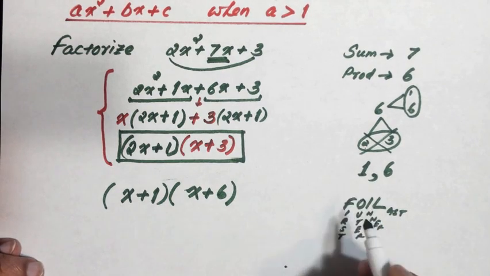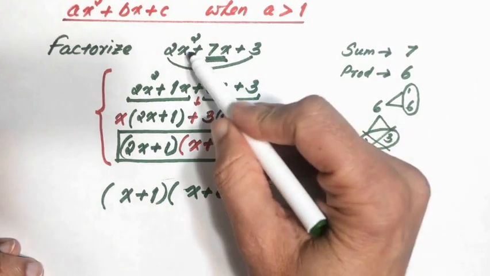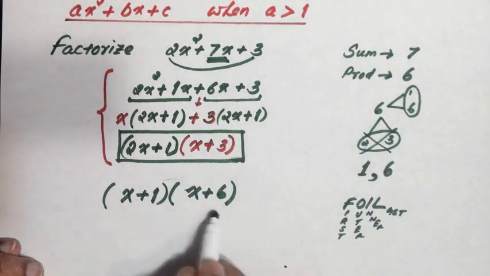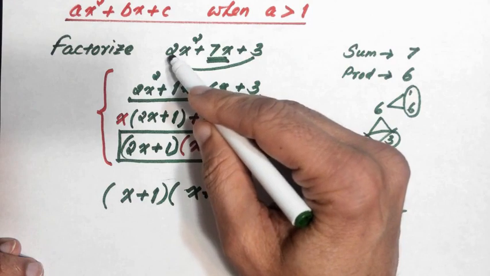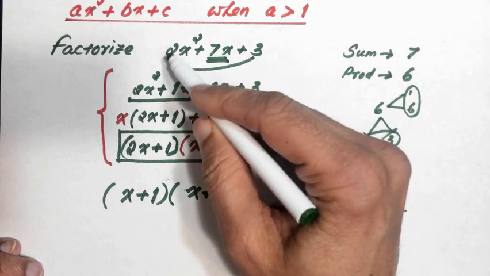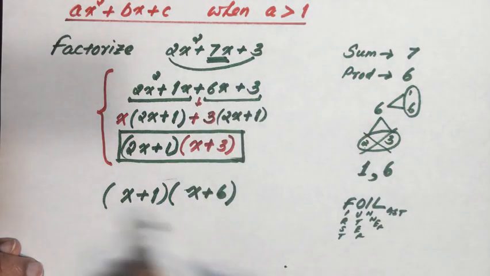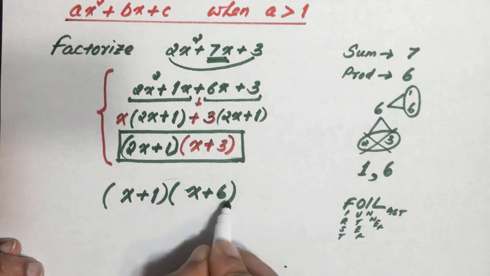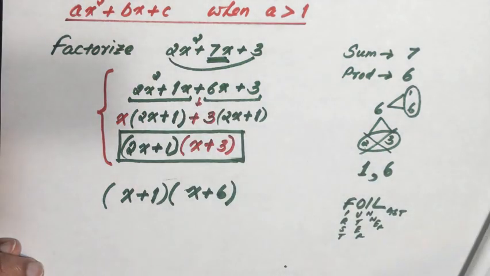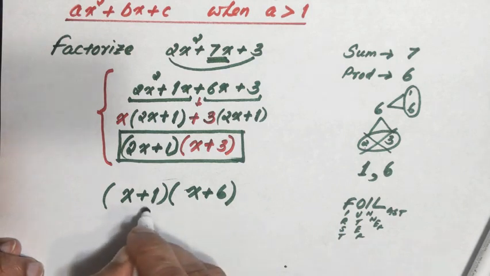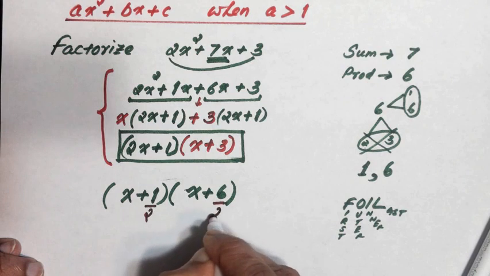But while doing this, we have ignored the 2 here. Since we did not take care of this 2, you can get the answer by dividing each of these numbers, 1 and 6, by that leading coefficient, which is 2. Divide both those numbers by 2.